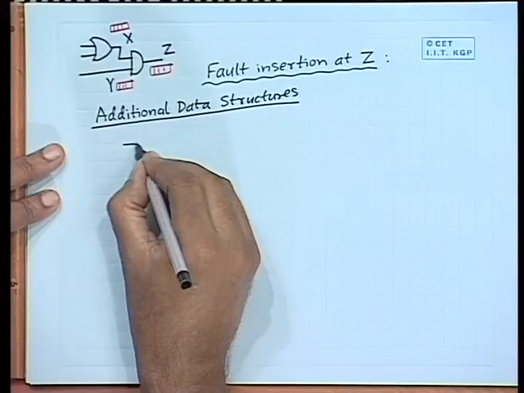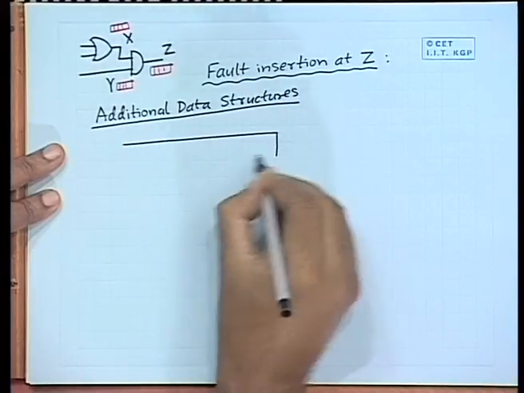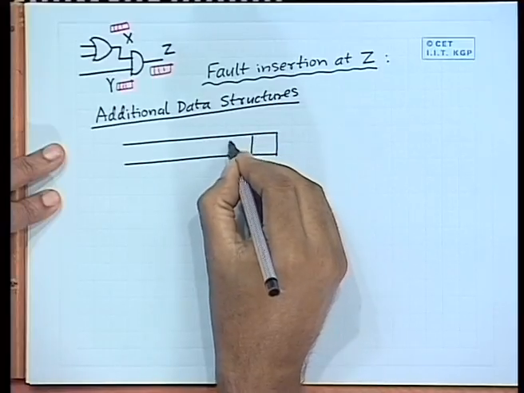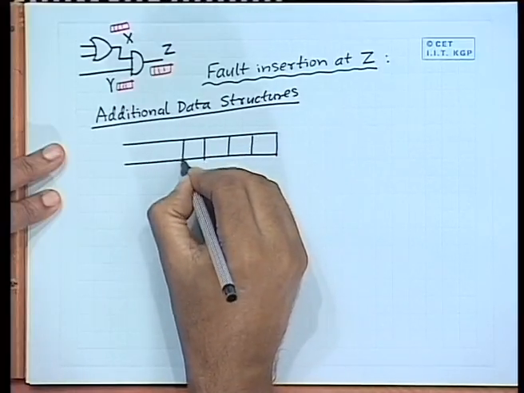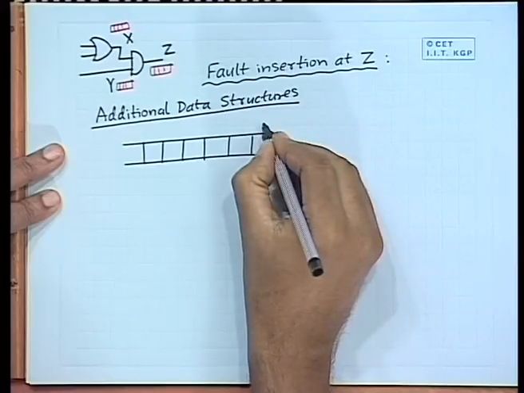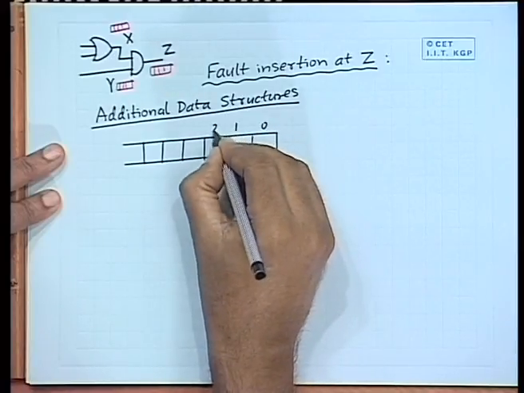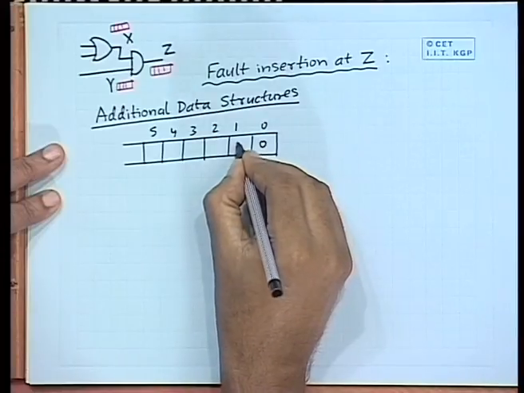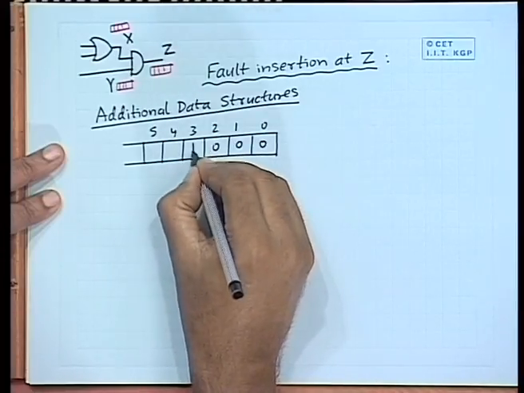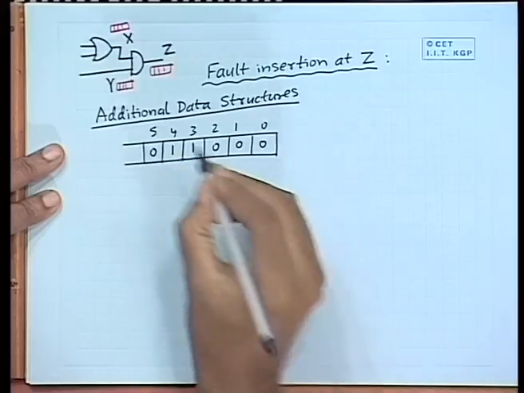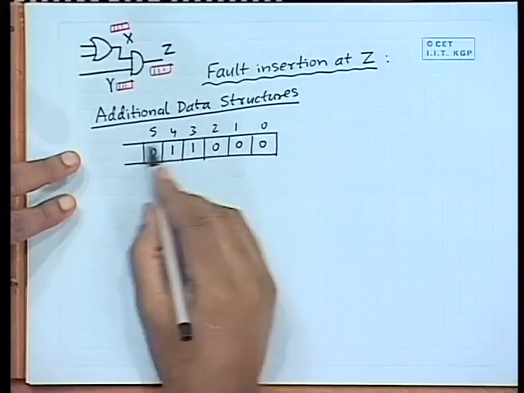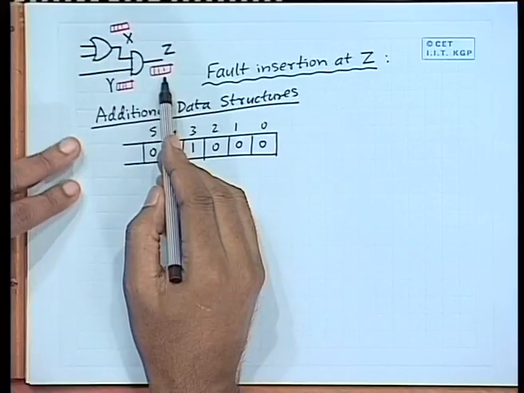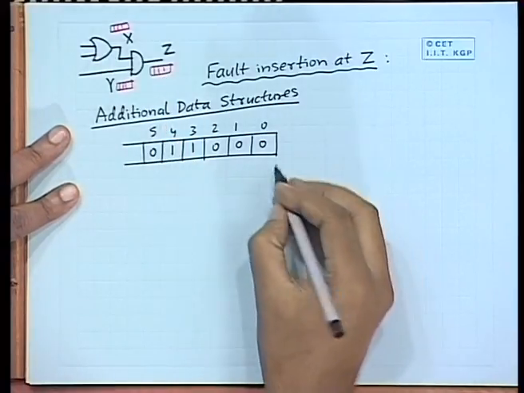First thing that we store, this is also a list. These are the bit positions. This is first the word, this list that I am just talking about.